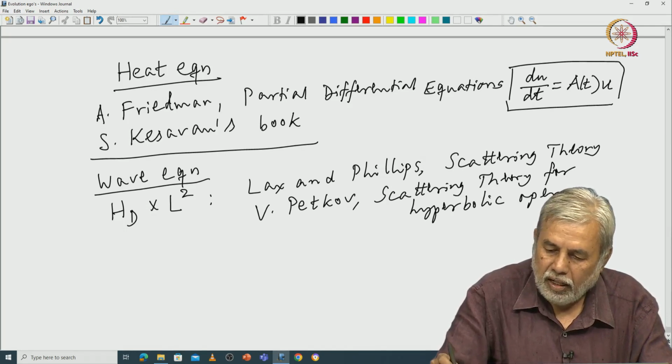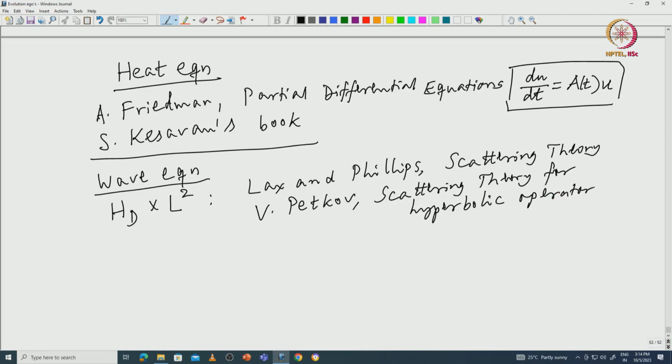And for the Hilbert space H1 cross L2, we also did that. This is essentially in Pazy's book or Keshavan's book.